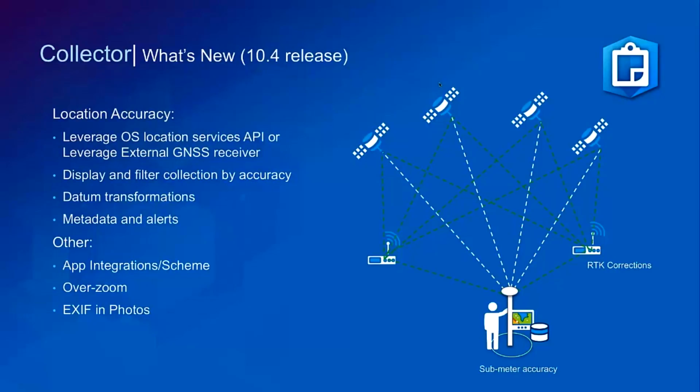So we've done some work to build our own GPS parser that we can use inside of Collector, a way to set a location provider where you can connect directly to one of those external receivers and receive purely the GPS that streams to the device.